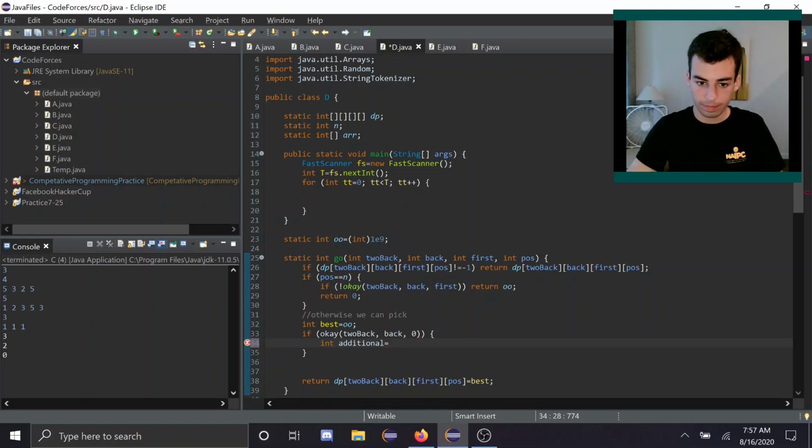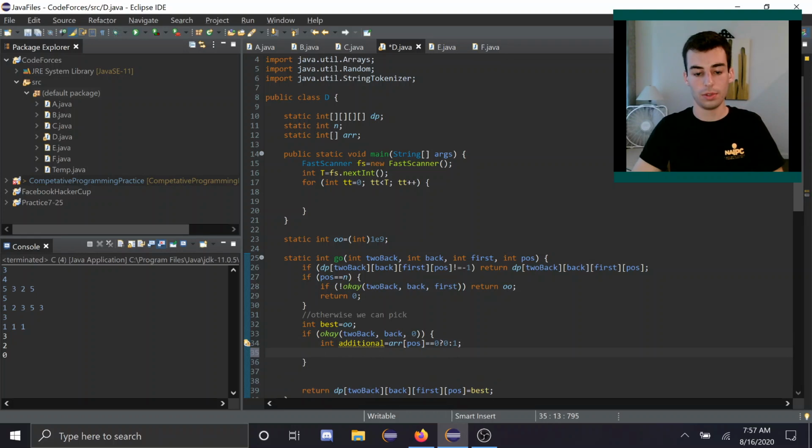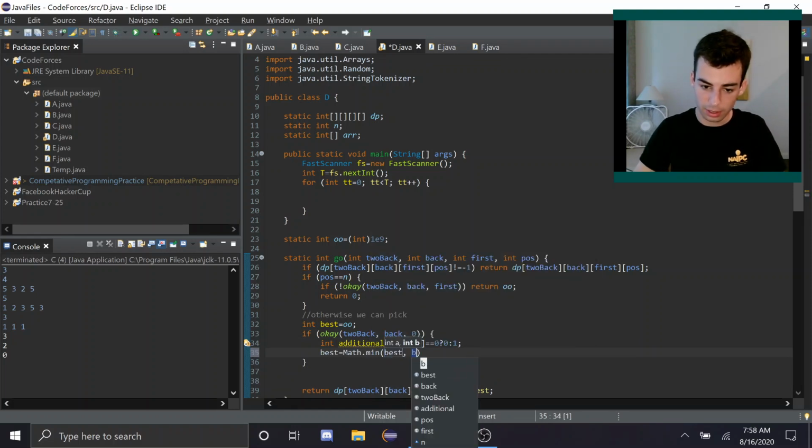Additional will be our at position equals 0, 0, that's 1. Best equals math.min of the additional cost plus go of back.